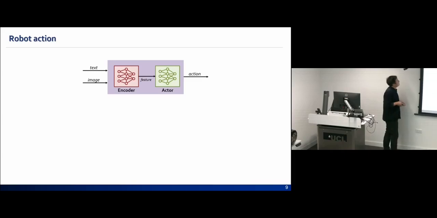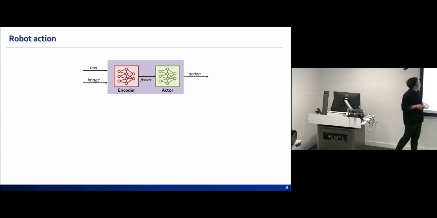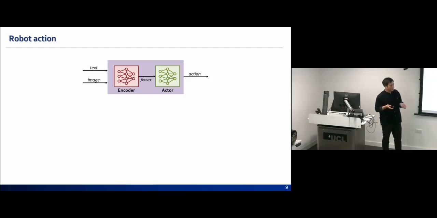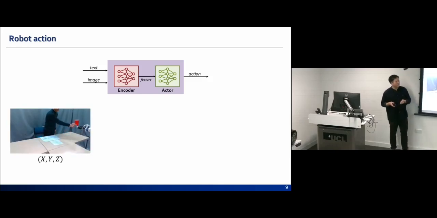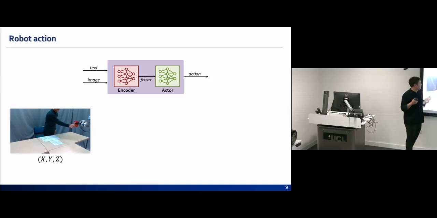Okay, so let's say we have this kind of robot model, and the action can be defined in diverse manners, with different action spaces, mainly based on the application. For example, let's say we want to perform a human to robot handover task, and we have good perception.